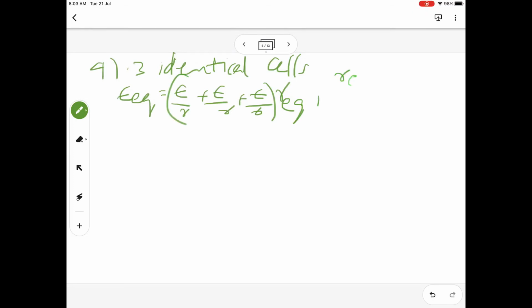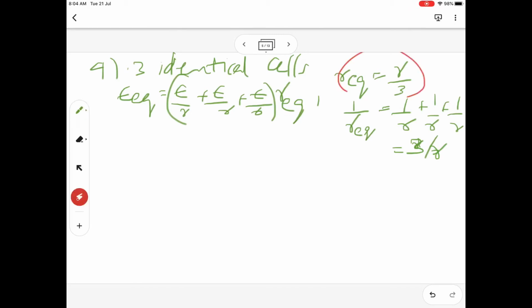And R equivalent: three cells in parallel, each with similar internal resistance, so 1 by R equivalent is 1 by R plus 1 by R plus 1 by R, which is 3 by R. So R equivalent is R by 3, which we substitute in the previously written equation. So E equivalent comes to be 3E by R multiplied by R equivalent, which is R by 3. Substitute.